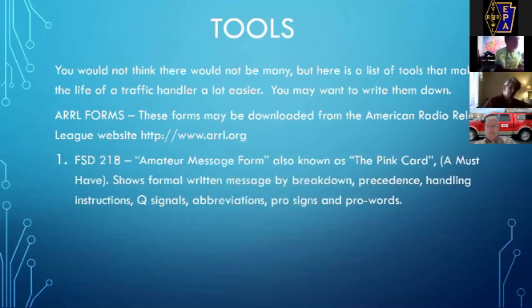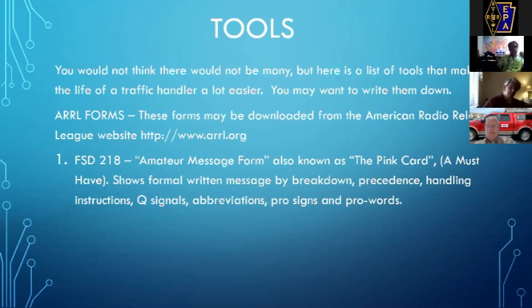One thing you want to have is the FSD 218, which is the amateur message form. Back in the old days, we called this the pink card. It had a ton of information on it for traffic handlers. And you can download this card and print it out.